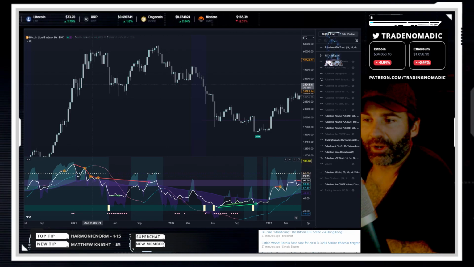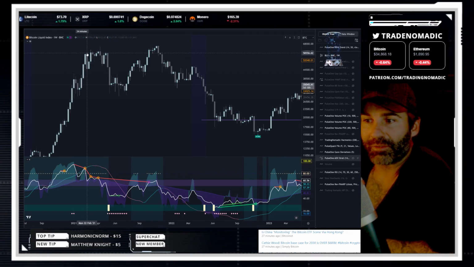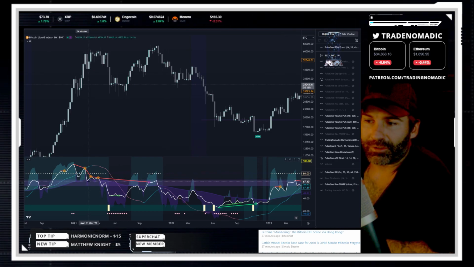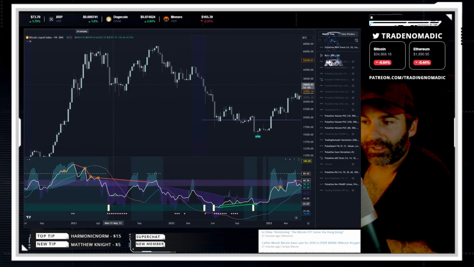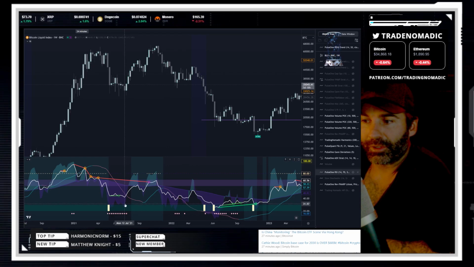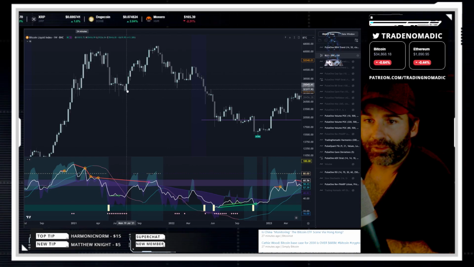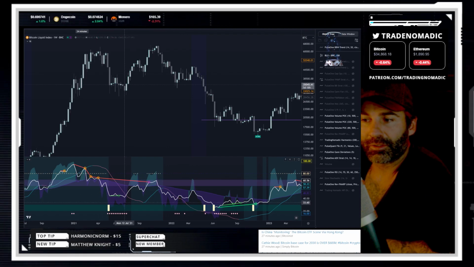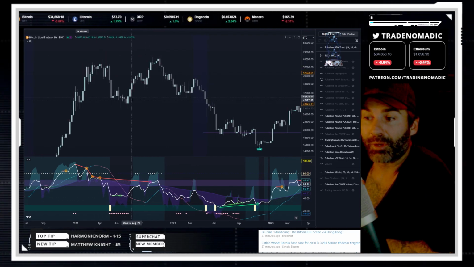Not that the RSI didn't give you bullish divergence right here. It did. But you can also see the fast RSI is still purple. And then coming into this move up, this fast RSI went straight up. It was straight up and down, very abruptly.